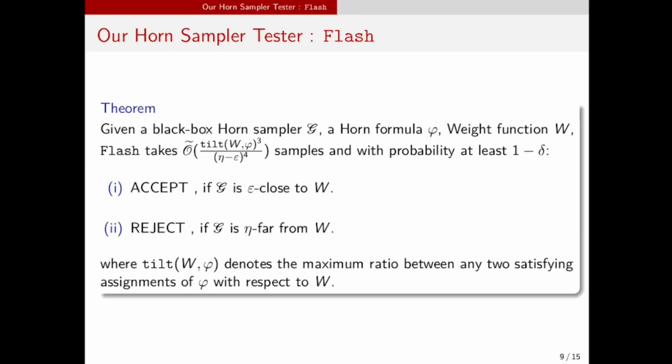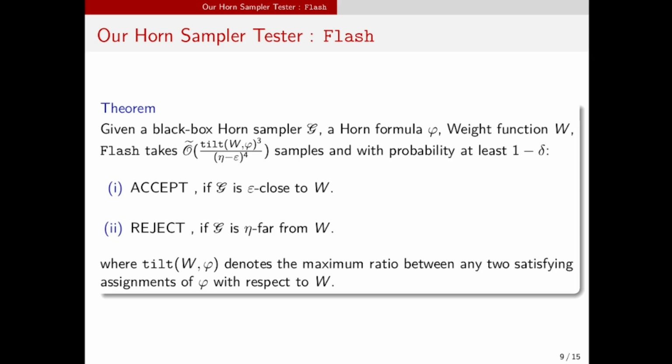So then there comes our sampler tester Flash, which, given a black-box Horn sampler G, a Horn formula phi, and a weight function W, takes order of tilt cube by eta minus epsilon to the power 4 many samples, where eta and epsilon are the farness and the closeness parameters respectively.